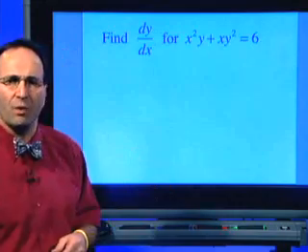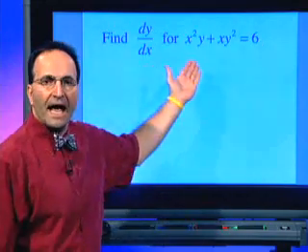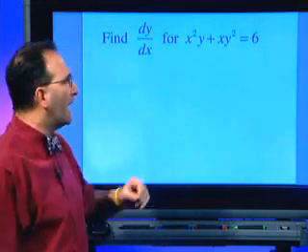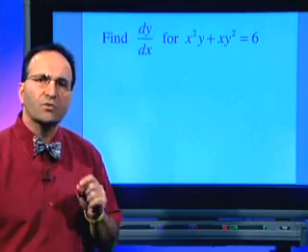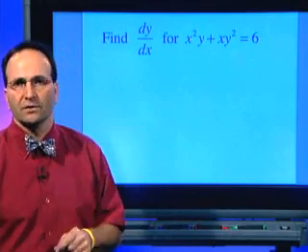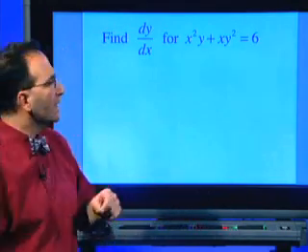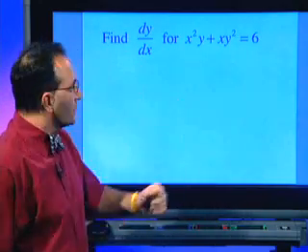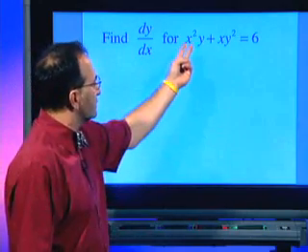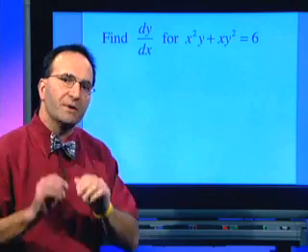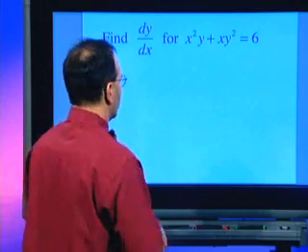We're going to find dy/dx for x squared times y plus xy squared equals 6. So in this case, we're going to take the derivative of x squared y, which means we have to apply the product rule.